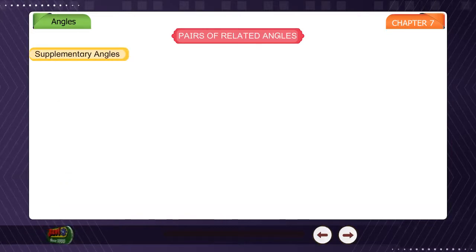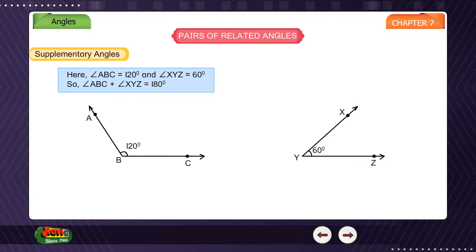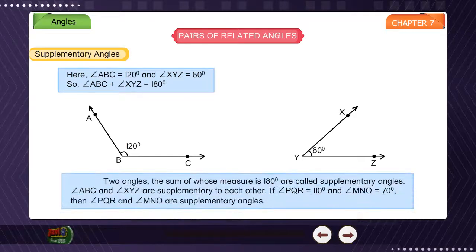Supplementary angles. Here, angle ABC is equal to 120 degrees and angle XYZ is equal to 60 degrees. So, angle ABC plus angle XYZ is equal to 180 degrees. Two angles, the sum of whose measure is 180 degrees, are called supplementary angles.